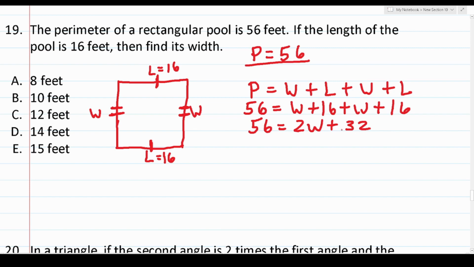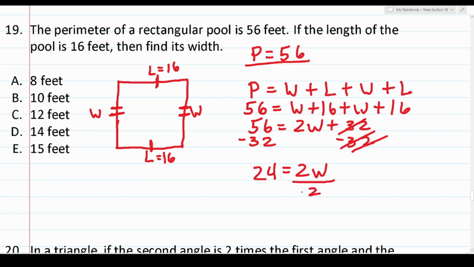Again, we're trying to solve for W at this point. So in other words, we want to get W by itself. So for my next step, I'm going to subtract 32 from both sides, which will cross out over here, just leaving me with 2W over there. 56 minus 32, 6 minus 2 is 4, 5 minus 3 is 2.